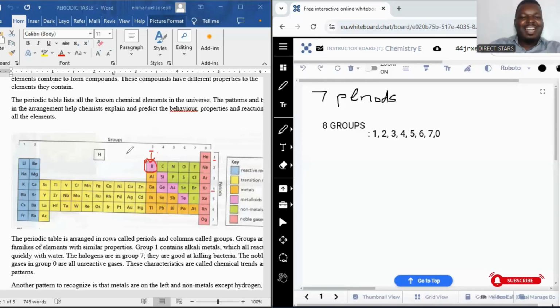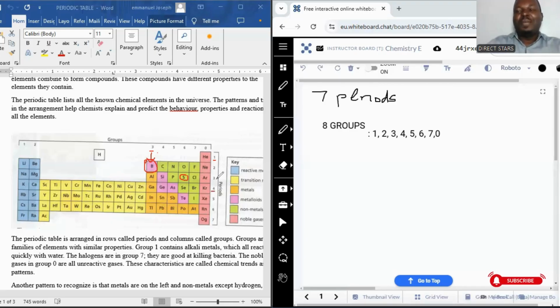Okay. You can pick other elements such as sulfur. Sulfur belongs to, if you trace it up, you know this is group 6 and then period 3. So this is how elements are placed on the periodic table.